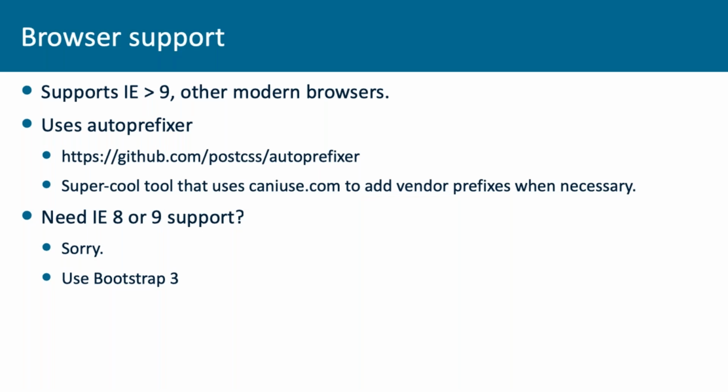Thankfully, we're starting to pull away from needing to support IE 9 in more and more cases, so that's a good thing. Bootstrap 4 also uses Autoprefixer, which uses Can I Use to add vendor prefixes when they're necessary. And so that's really handy too. But if you need IE 8 or 9 support, then you're going to have to stick with Bootstrap 3.